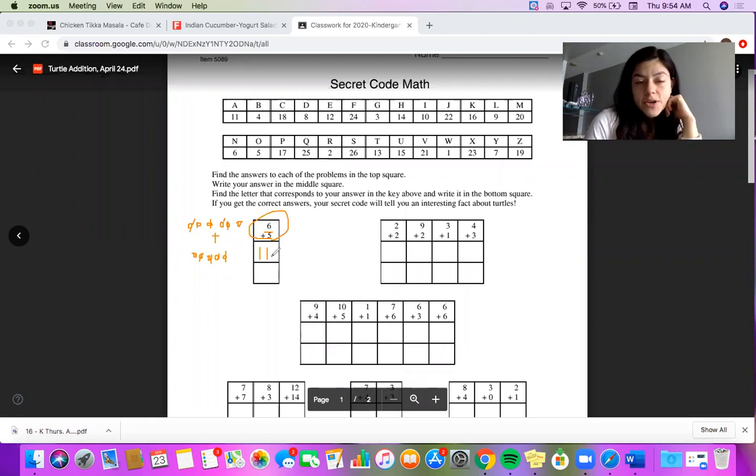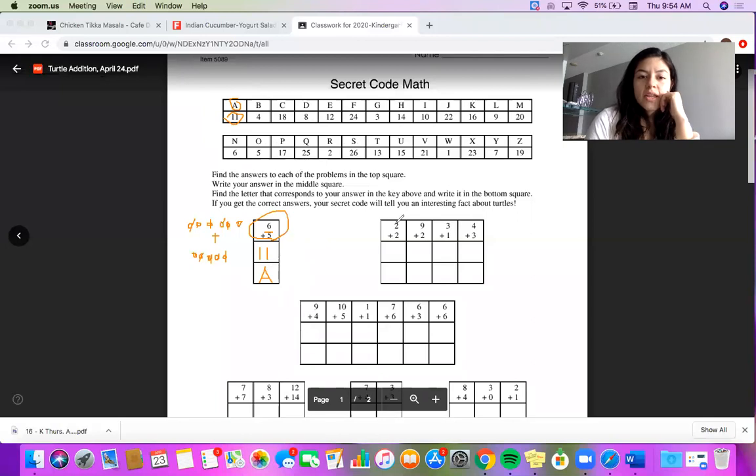Once you find your answer, then you look for this number on top with your alphabet. Can you see 11 somewhere? Here it says 11. So it says here, every time I find the answer 11, it represents the letter A. So that would mean that my secret message starts off with the word A. Okay?